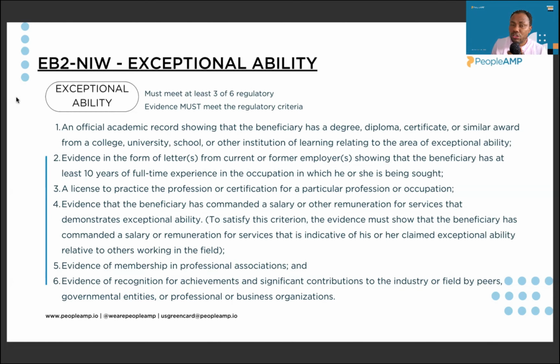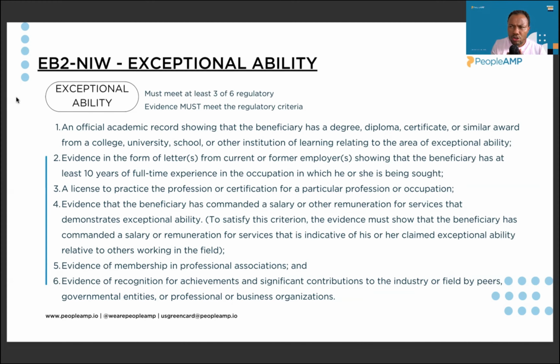And this person never went to university to have a bachelor's degree, or the person does not even have an advanced degree. And this person wants to apply for EB2-NIW. The good news is that you can actually apply for EB2-NIW. Now, what you will be doing is applying, instead of with an advanced degree, as somebody with exceptional ability.